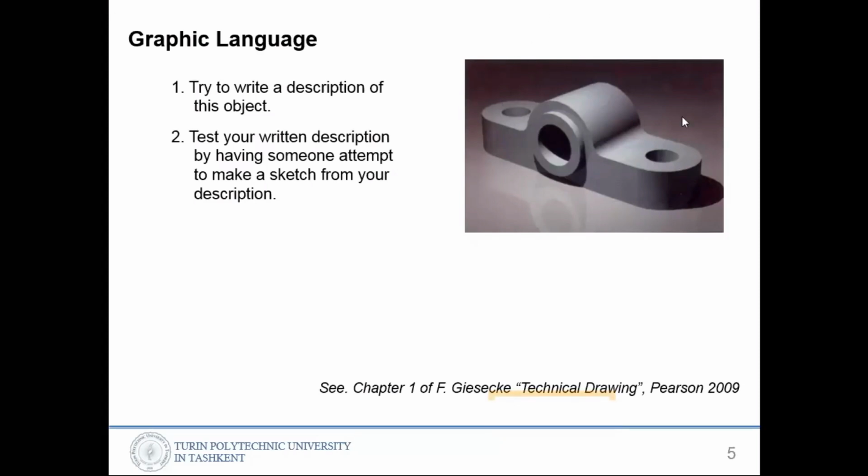Only you are seeing it. How do you give a description of this part to your friend by phone? You might say, okay, this is a gray part, and the size is almost 15 centimeters, and the weight is somehow 300 grams.